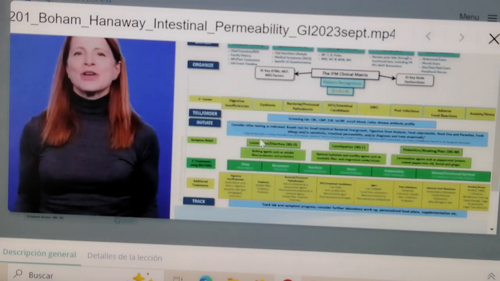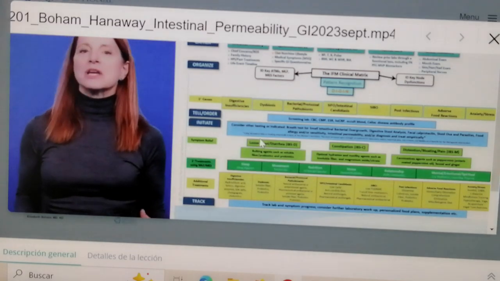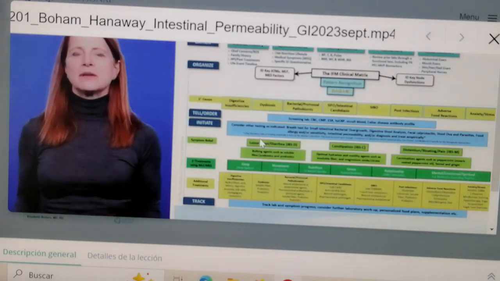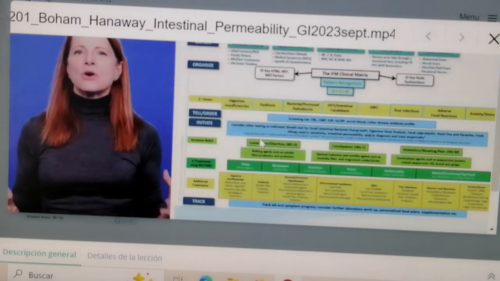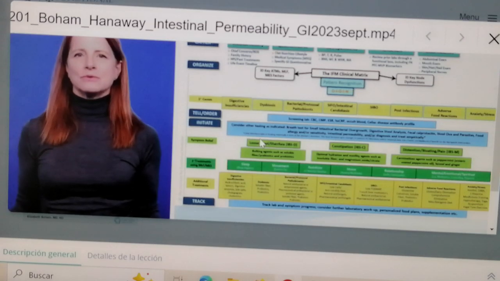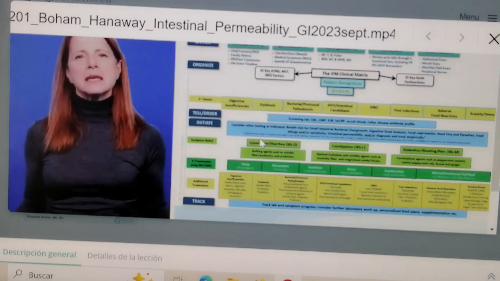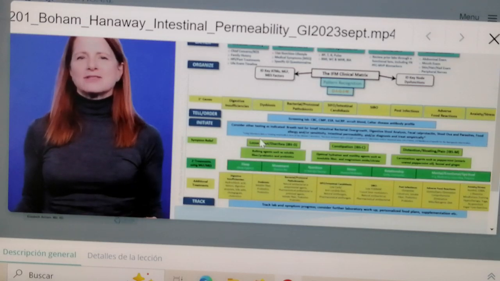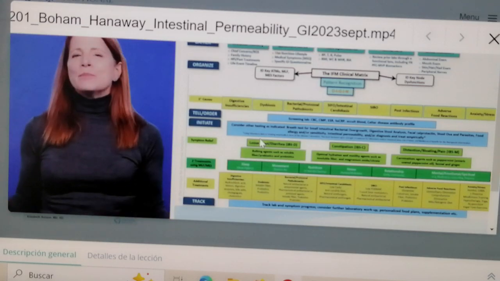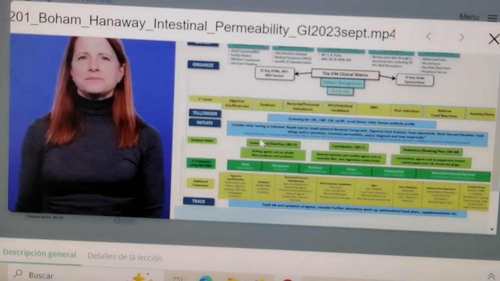So sometimes a food like gluten can cause increased intestinal permeability, but many times, because there's increased intestinal permeability, people are reacting to many foods. And so that's when we're going to be like, okay, we've got to pay attention to this and work to heal that increased intestinal permeability so people aren't so reactive to foods.